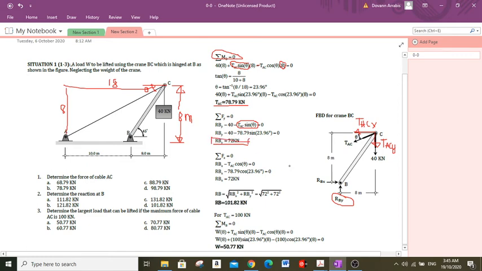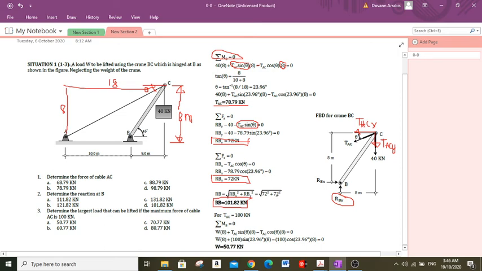In the same way, we will use summation of forces x to solve RBX. To get the total reaction, simply use the Pythagorean theorem, and we have the magnitude of the reaction at B, RB.